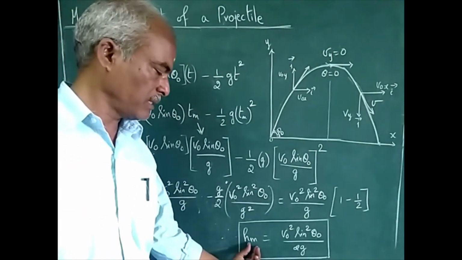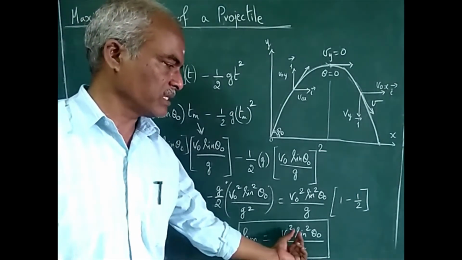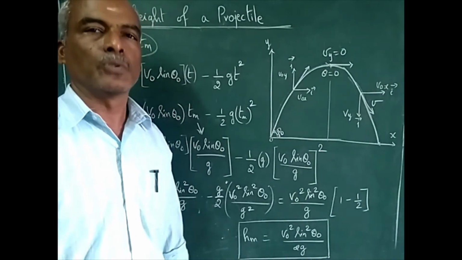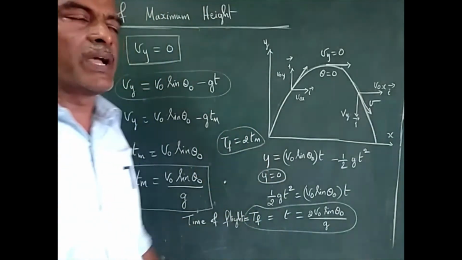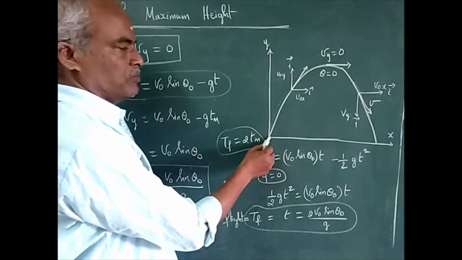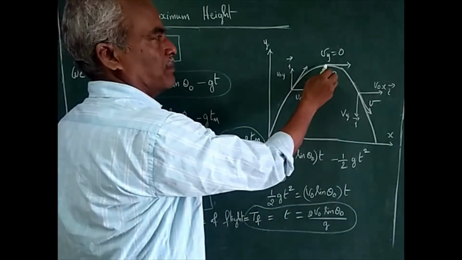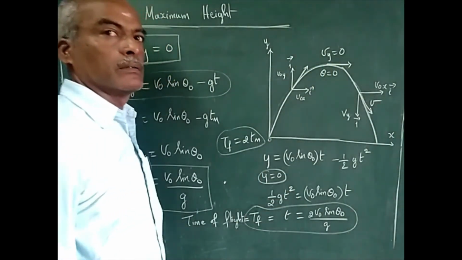So this is the maximum height and the formula is this one, hm is equal to V naught square sin square theta naught divided by 2g. Now we have to find time of maximum height. That means an object has been projected from here, origin, and it takes some time to reach the maximum height.